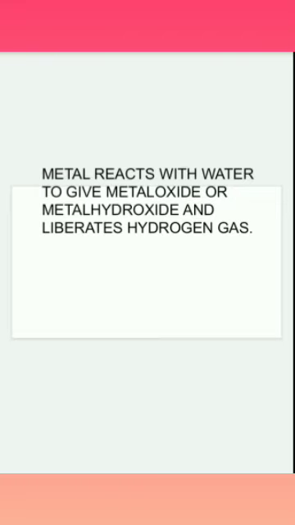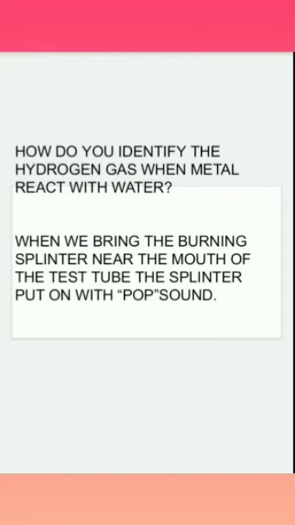And then metals react with water to give metal oxide or metal hydroxide and liberate hydrogen gas. So how do you identify the hydrogen gas when metal reacts with water? When we bring a burning splinter near the mouth of the test tube, it goes off with a pop sound. From this we know it indicates the presence of hydrogen gas.